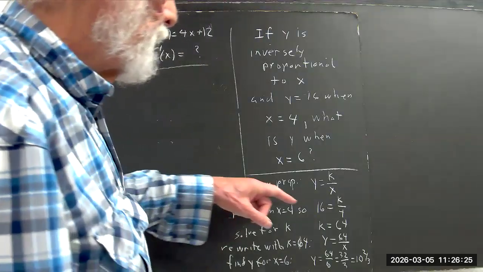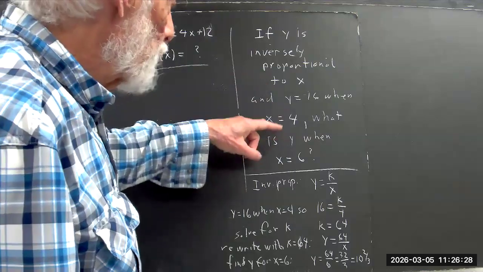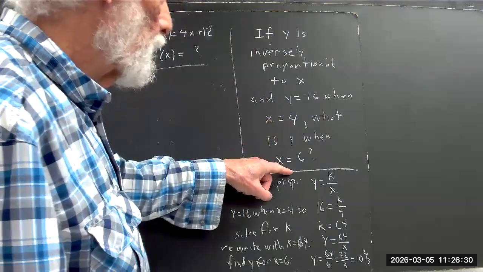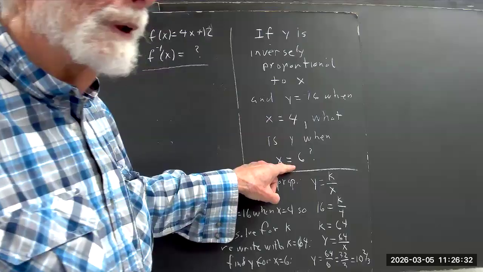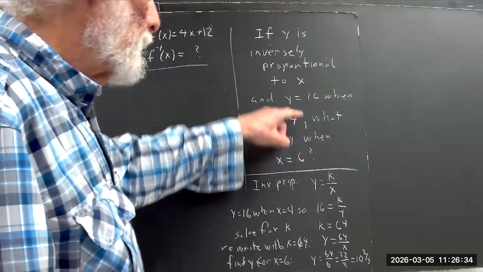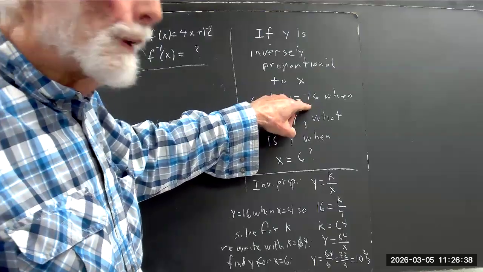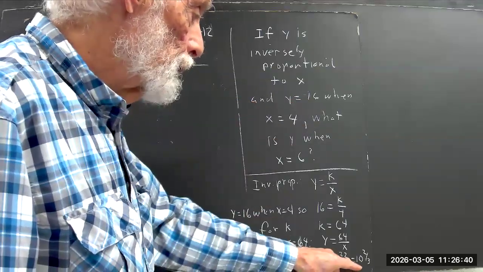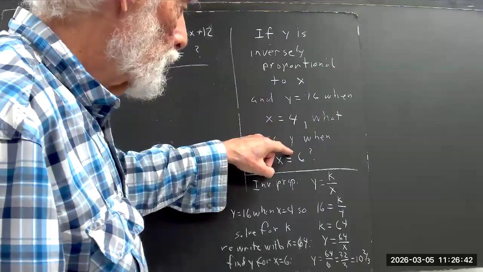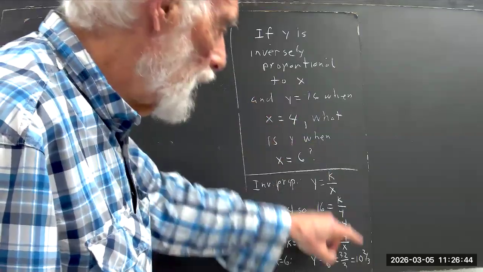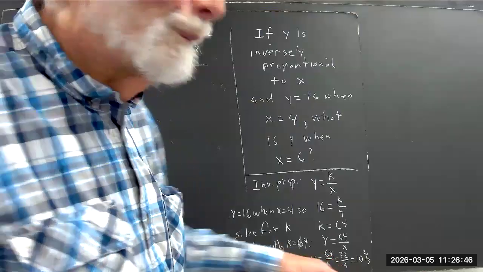So we see that x is going to change from 4 to 6, which means x is going to get a little bigger. That means y is going to get proportionally smaller. Y is 16. If you work through this, you find that when x goes from 4 to 6, y will go from 16 down to 10 2/3.